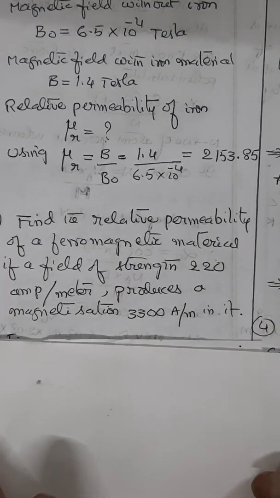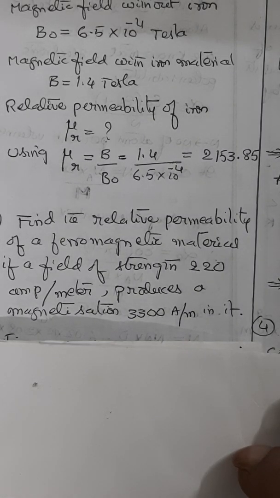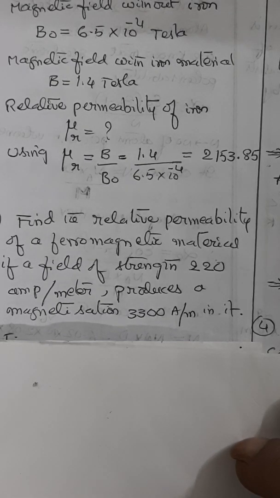Something like this. Find the relative permeability of a ferromagnetic material if a field of strength 220 ampere per meter produces a magnetization of 3300 ampere per meter in it. That means what is given? Magnetization is given.